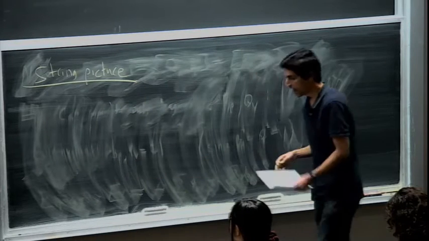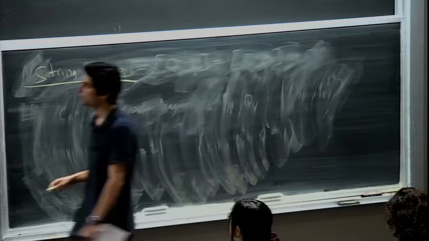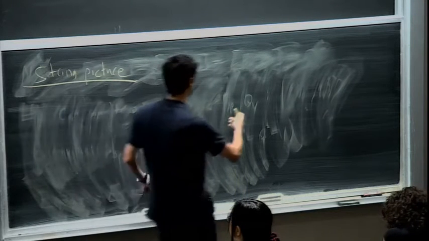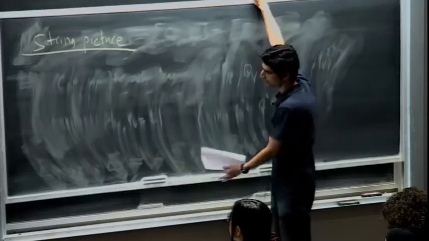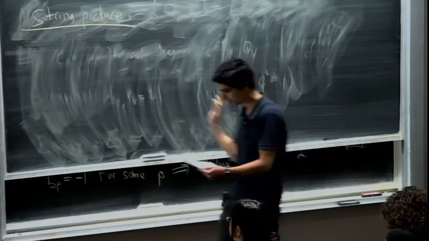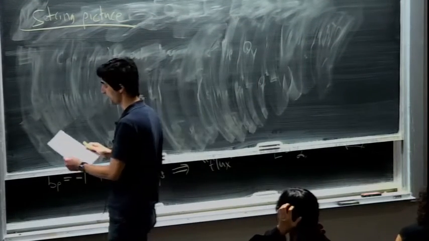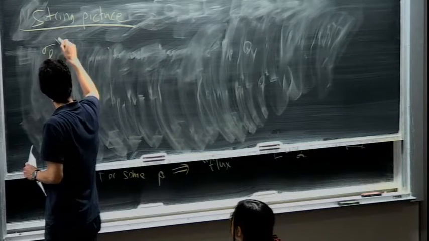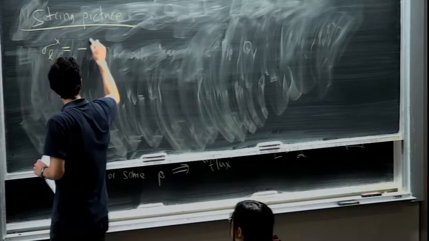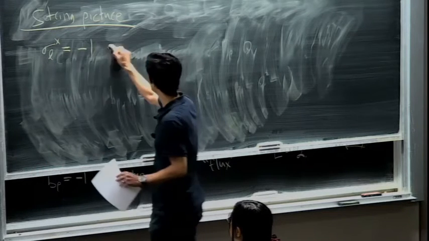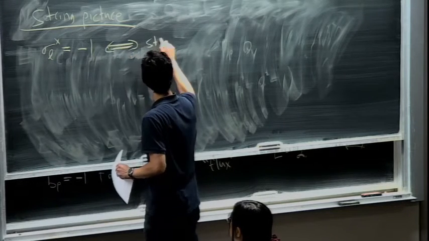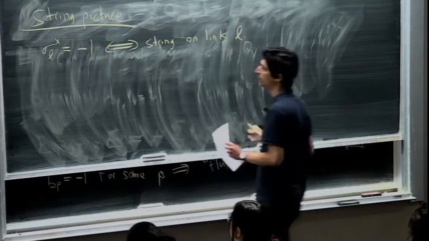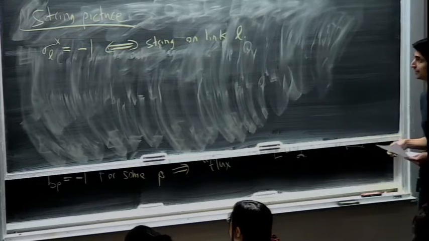And it's very simple. The basic idea is that we're going to think about things in the sigma x basis. It turns out that's slightly clearer, at least the way I've written the Hamiltonian. Whenever we see a link where sigma x is equal to -1, we're going to say that there's a string on that link, a string on link L. It's just another language for spin.